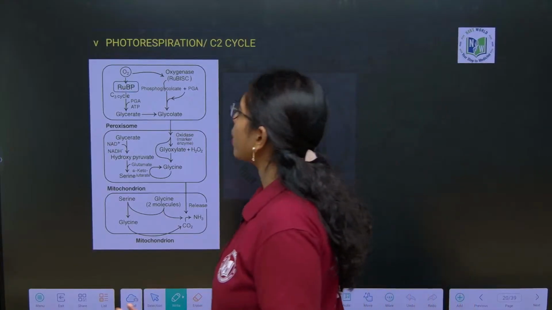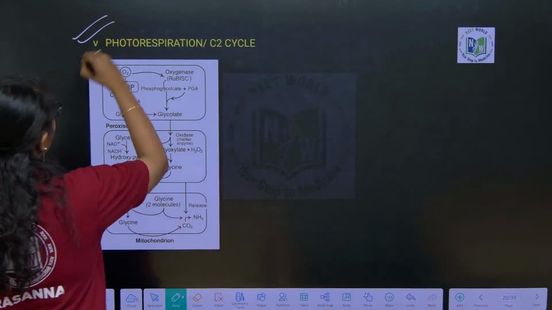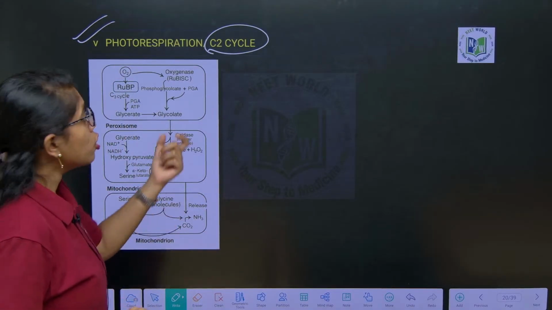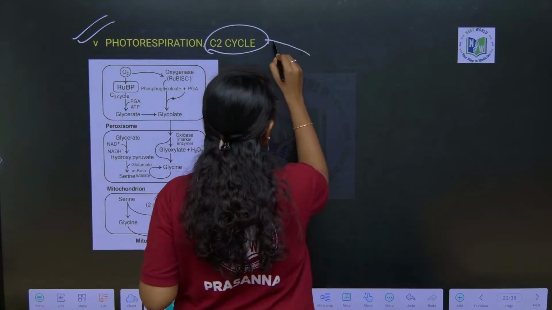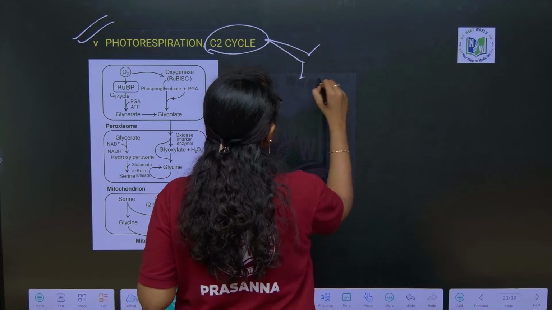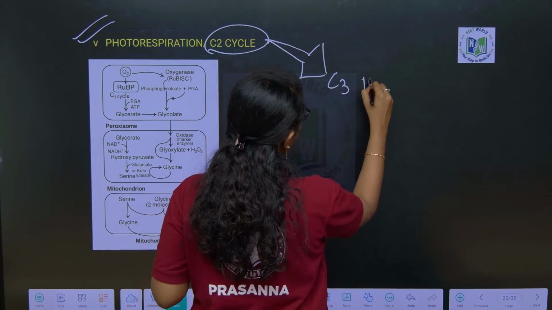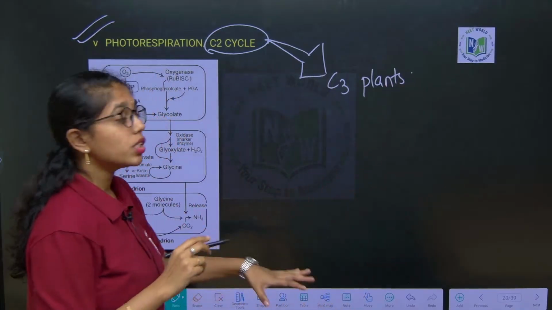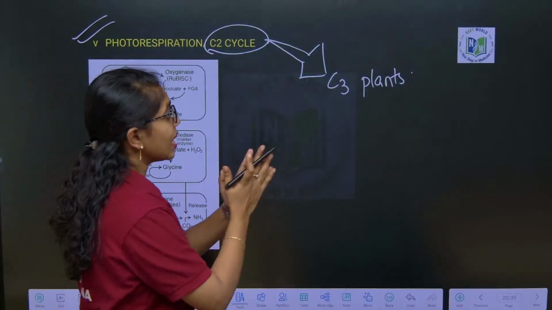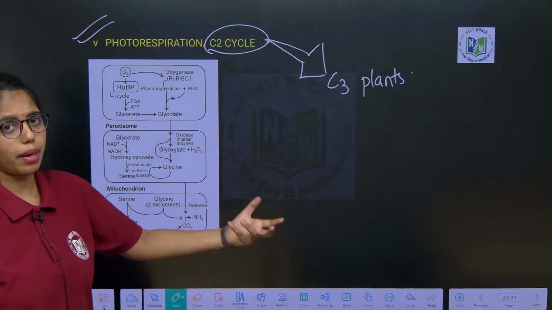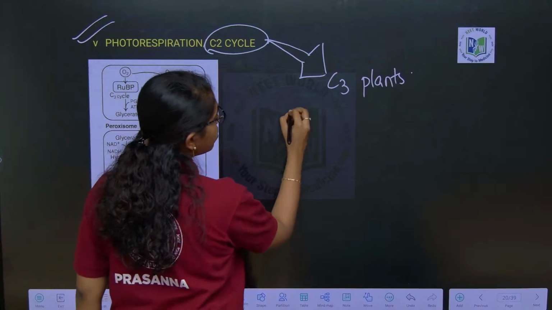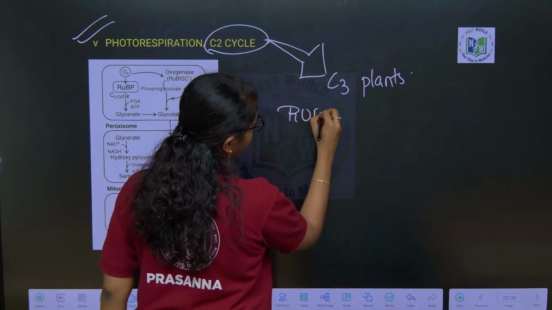Now there is an important concept, that is photorespiration, which is also called the C2 cycle. This C2 cycle is operated only in the C3 plants, that is temperate plants. Rubisco is the enzyme we all learned, right?